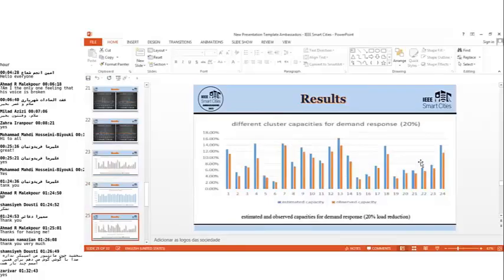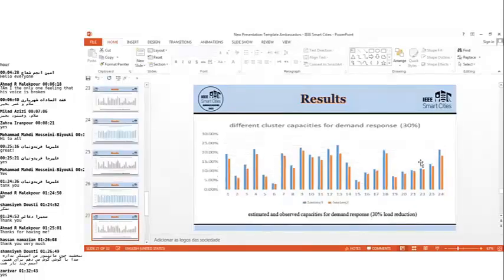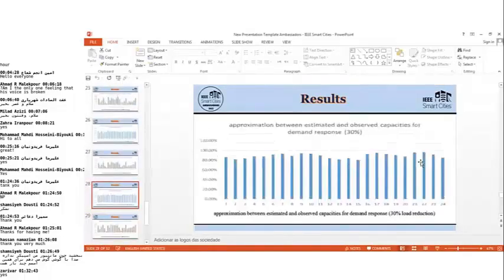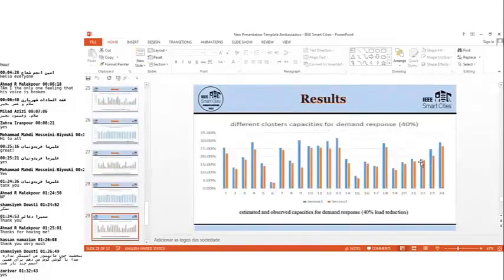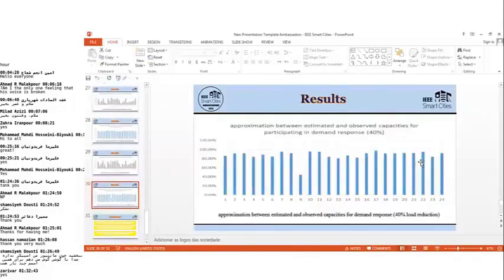Okay, the other one is for 20% load reduction, and this one is for 30% load reduction, and another one is for 40% load reduction. As you see in these pictures, the approximate accuracy of the model varies with increasing load reduction percent.